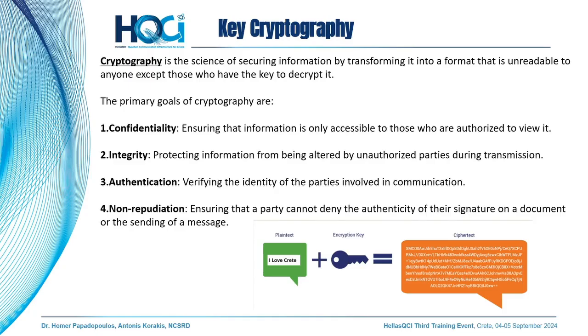With some tricks, which we will show, we take the information, mix them, and create this ciphertext. We create something that an adversary is not able to understand. This is what we are doing in cryptography. Why are we doing that? Because this increases the confidentiality of the communication, integrity, authentication, etc.